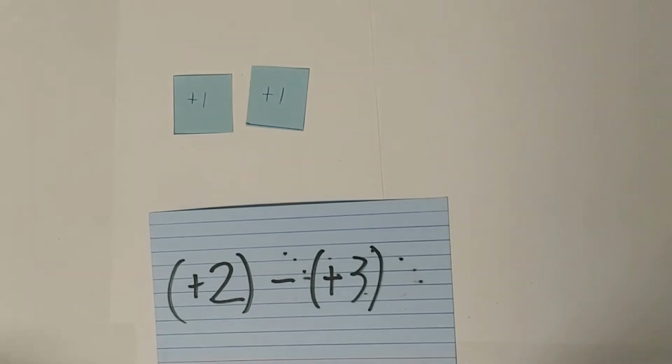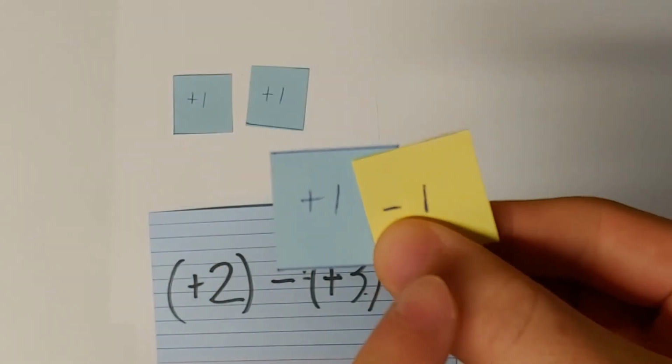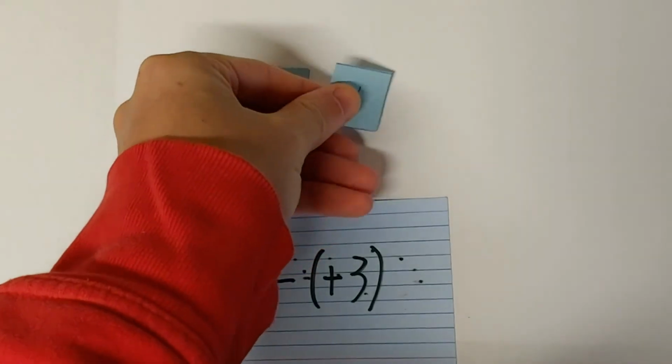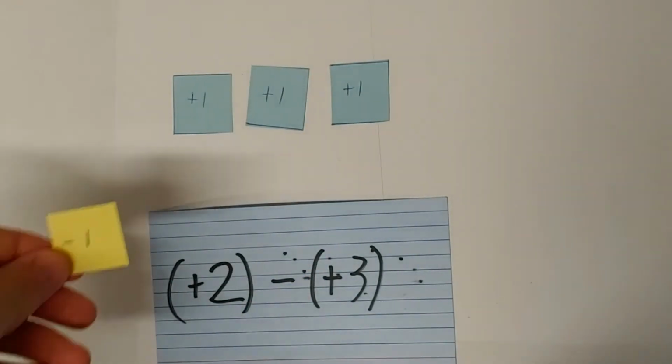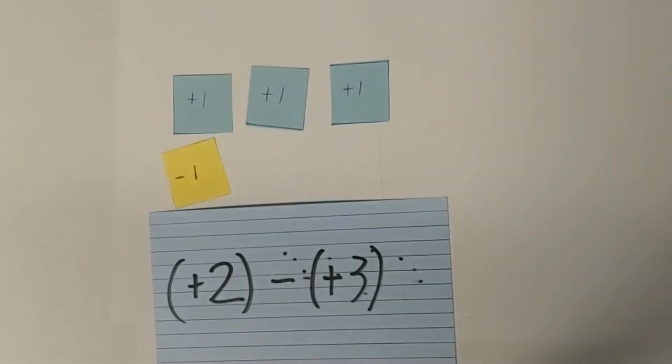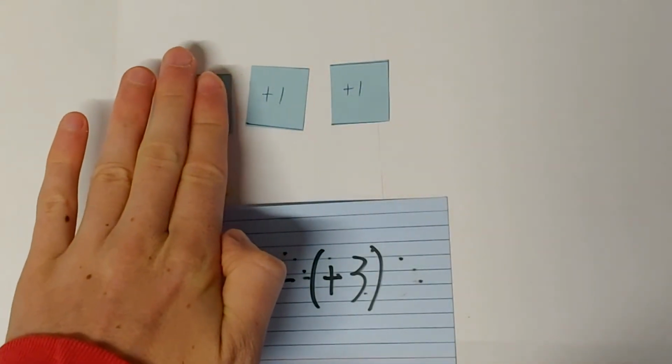We have to remember our zero pairs. In our last video, we talked about how 1 positive and 1 negative will cancel out to equal 0. Think of it as 1 take away 1 equals 0. So we can represent positive 2 in lots of different ways. If we have 3 positives, for instance, right here, and 1 negative, this positive and that negative will cancel out to be 0, leaving 2 left.